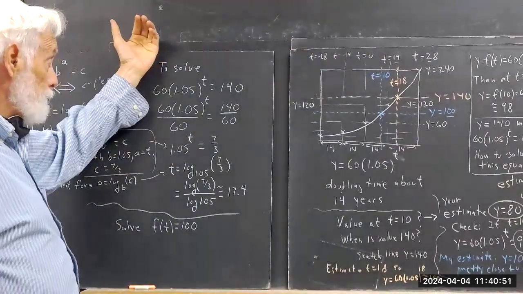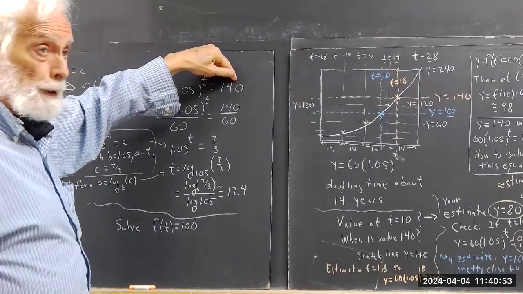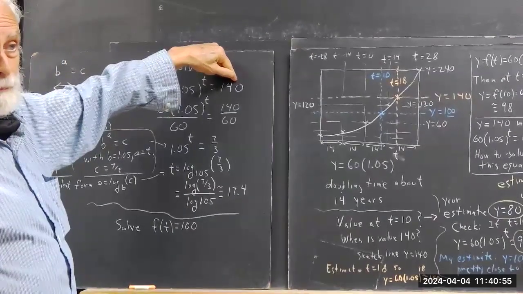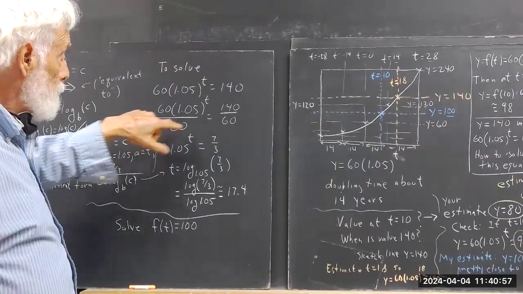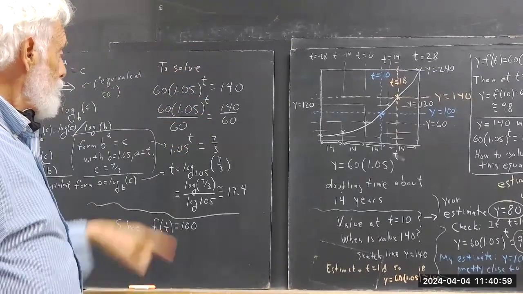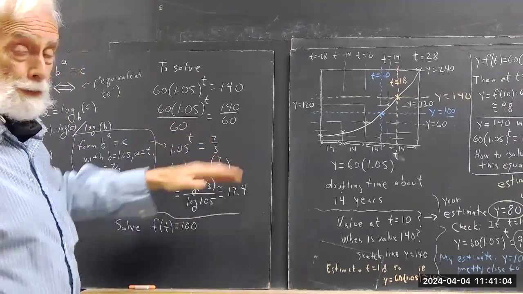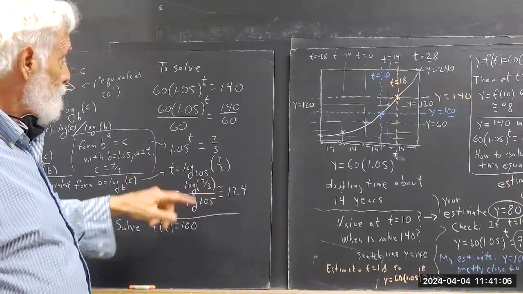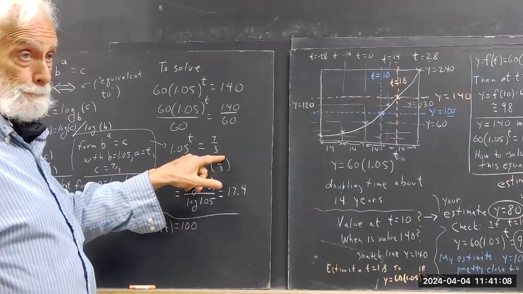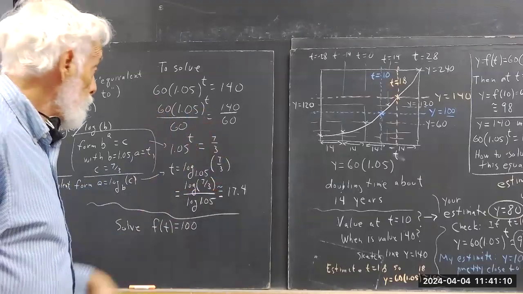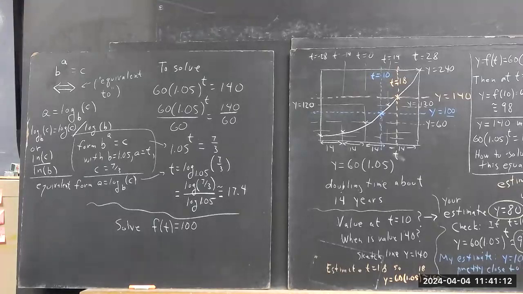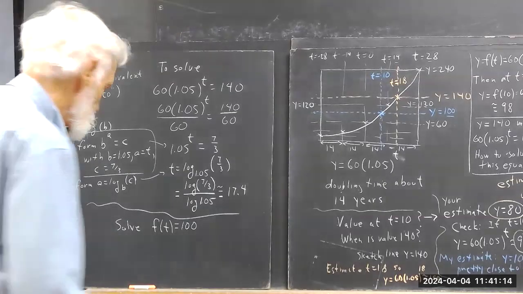So what we have is, here's an equation. We divide both sides of the equation by 60, and we get 1.05 to the t equals 7/3. Now that's straightforward. Everybody can do that. Why did I do this? I did this because I have this rule up here.